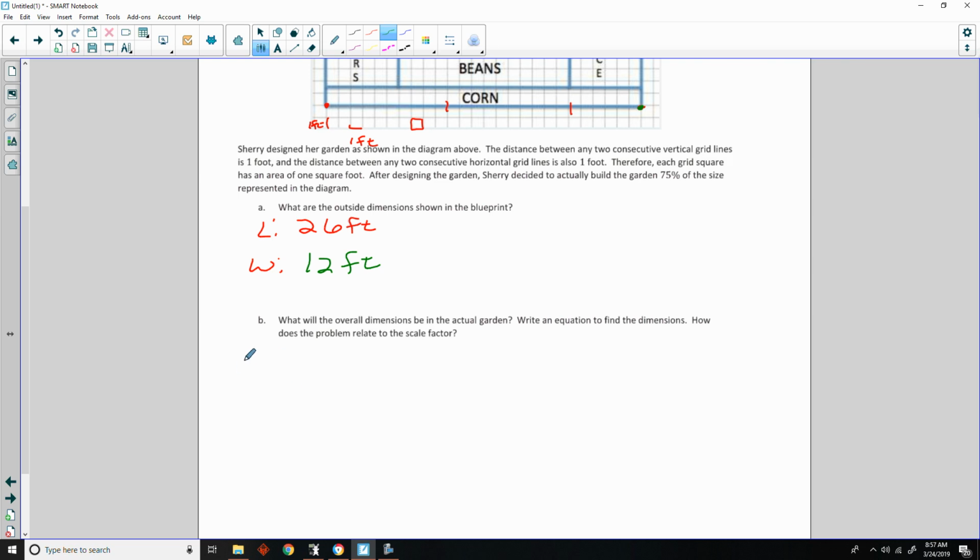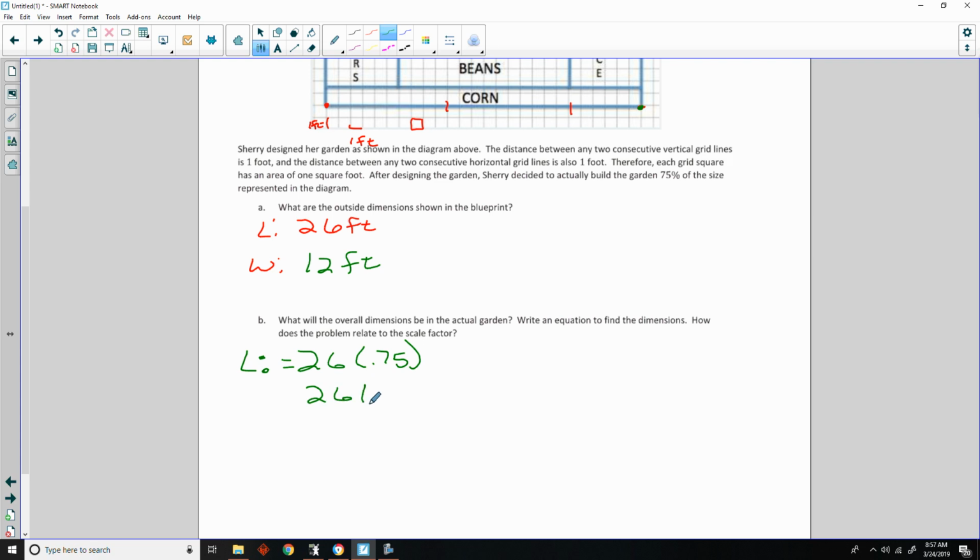Okay, so the length of the actual garden when we create it would be 26 feet times 0.75, which is 75% or 3/4. I don't want to use a decimal and a percent. 75% is 0.75, and it's easier to use fractions when we are dealing with something like that.